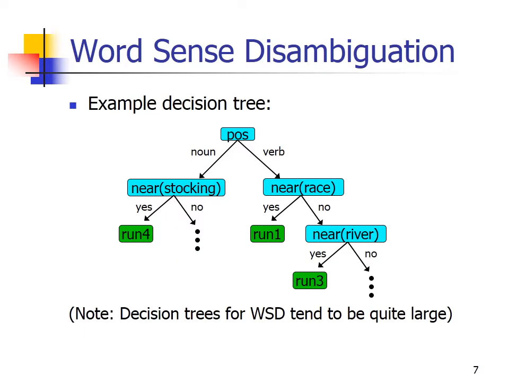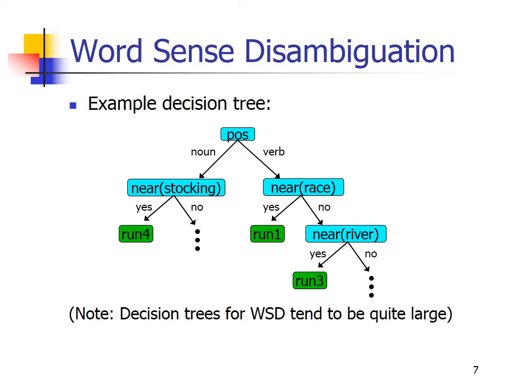Generally, features are the attributes. For example, here POS, near stocking, near race, near river. These are the attributes or features. Noun, verb, yes or no. These are the attribute values.